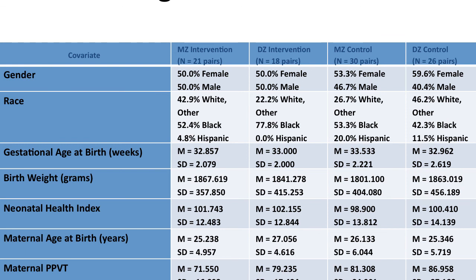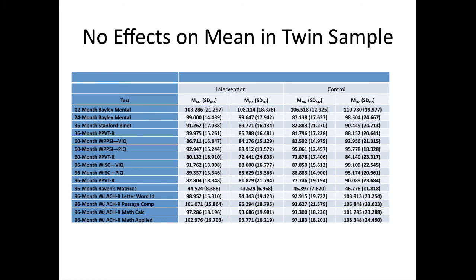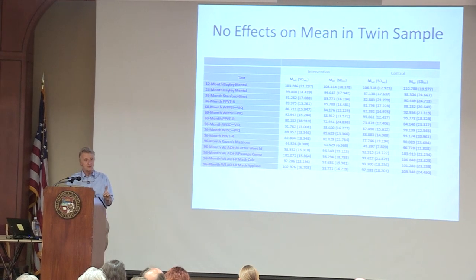A lot of background variables I won't bother you with, and we don't need to look at those numbers. Here's what this slide is telling you. The IHDP didn't have any big effect on the mean IQ in its full sample. It had absolutely no effect on the mean IQ of the twins. None. So why am I telling you about this?